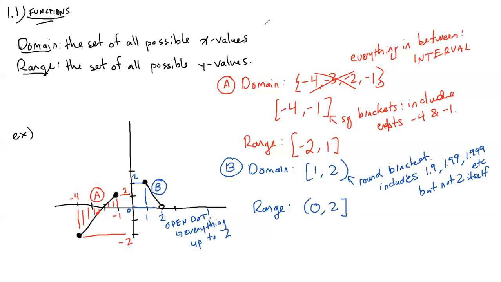So my domain is actually going to be, of the overall function, the union of the two sets. For that one, there's actually no overlap in those two sets, right?